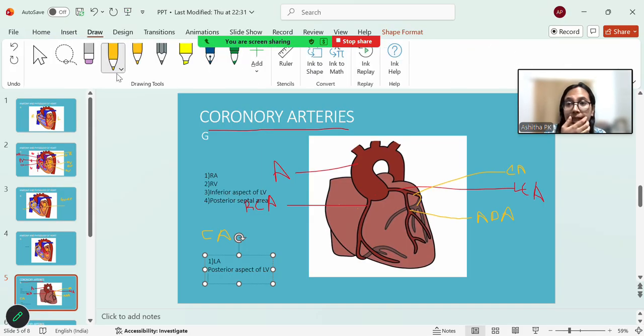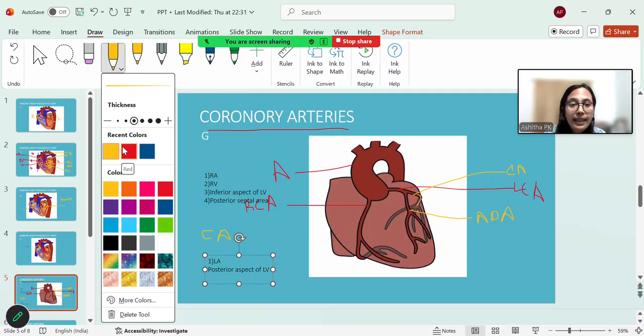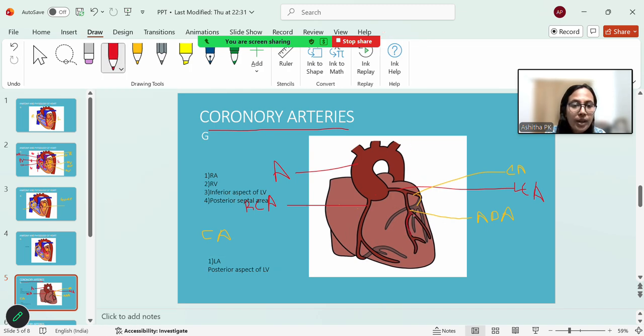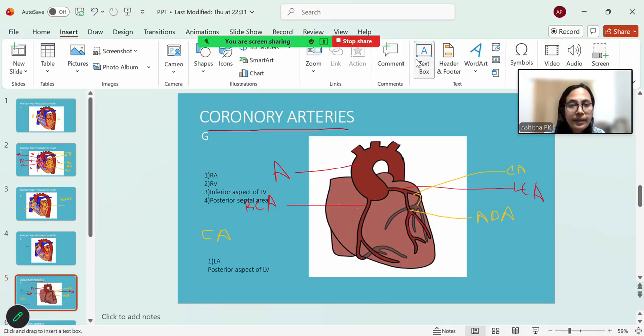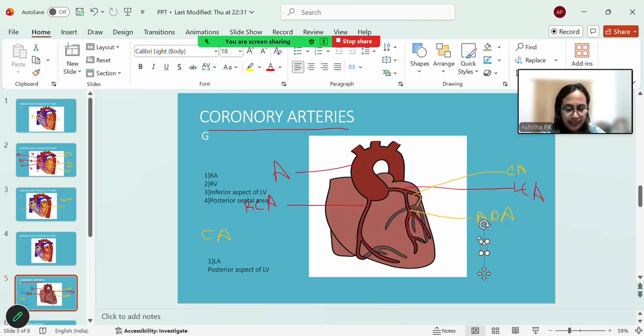As its name suggests, it descends into the middle of the heart, and it supplies oxygenated blood to the anterior aspect of the left ventricle and the septum. Okay, is it clear?